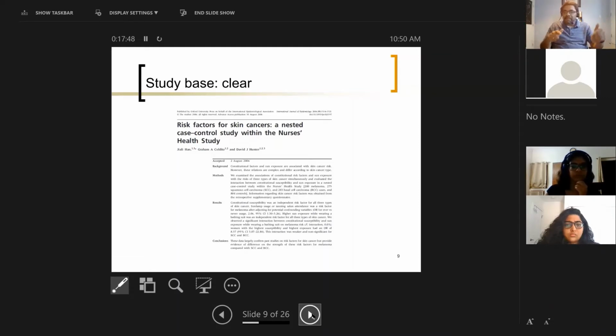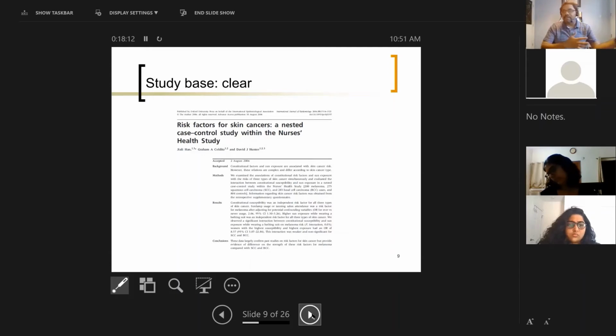But then for this particular study, they did a case control study nested. Nested means buried inside a bigger cohort study, right? So that's why we call it a nested case control study. There was already a big cohort study going on, but they only did a smaller case control study within that cohort of nurses. In this case, the study base is clear.